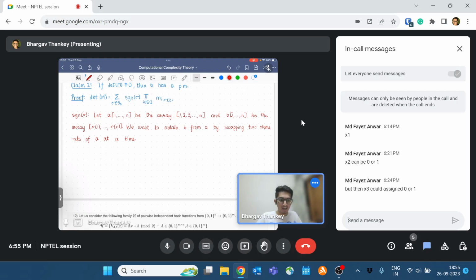This is an iterative process. In each iteration, you can swap exactly two elements. By doing this repeatedly, you want to get sigma 1 to sigma n.